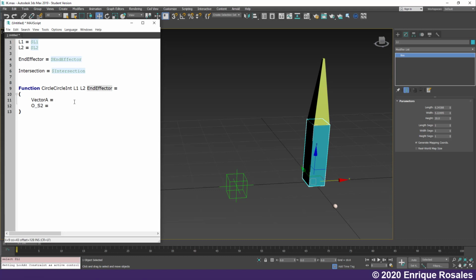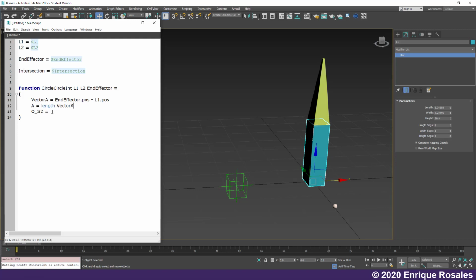So it will be end effector dot pos minus the origin of the kinematic chain, which in this case is L1 dot pos. So L1 dot pos is this one, and this is the end effector. I'm subtracting this position minus this position, and I'm getting this vector right here. So I can compute the variable A as the length of vector A.